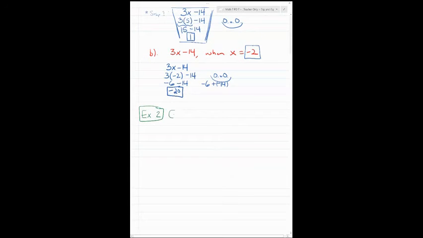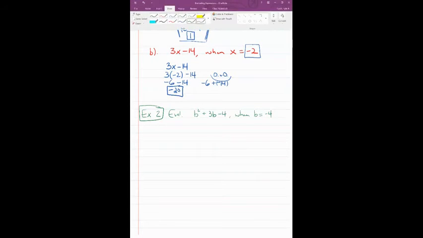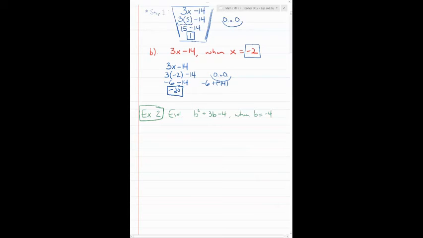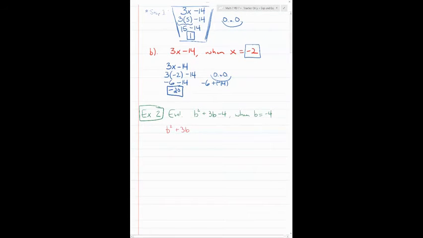Example 2, we're going to evaluate the expression b squared plus 3b minus 4 when b is equal to negative 4. Step 1, rewrite your expression, b squared plus 3b minus 4.